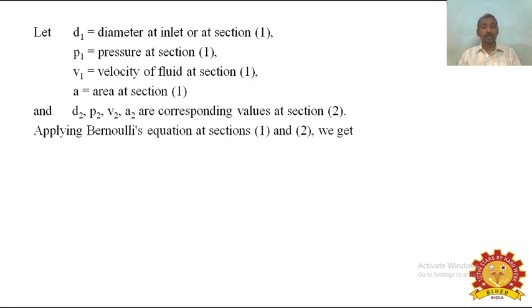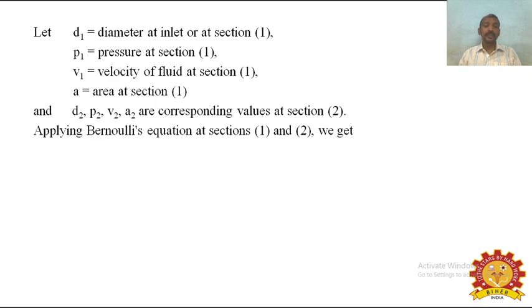Now I apply Bernoulli's equation at sections 1 and 2. Bernoulli's equation is P1 by rho g plus V1 square divided by 2g plus Z equals a constant. For the two sections, the density of the liquid and gravity are the same.